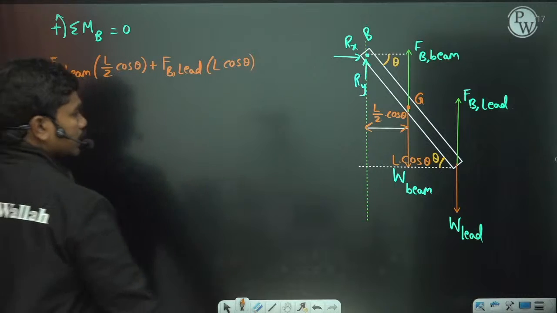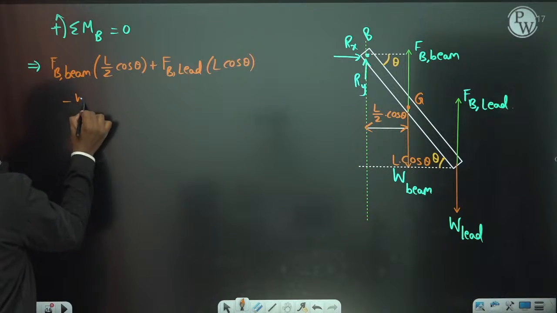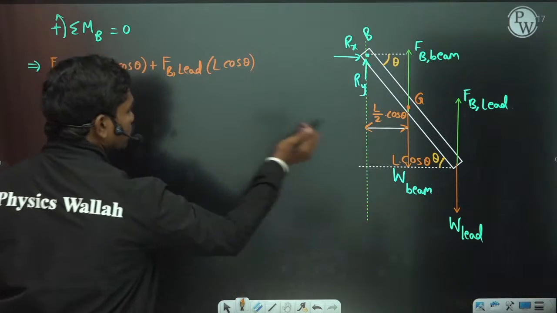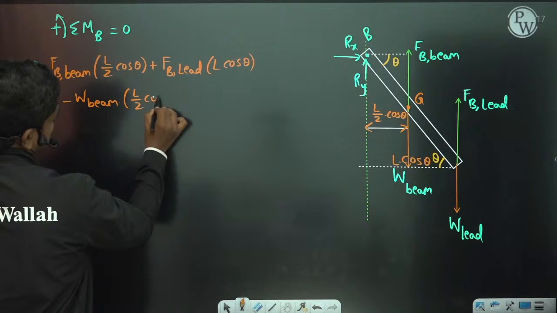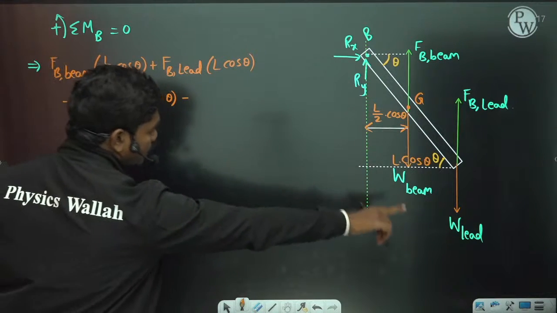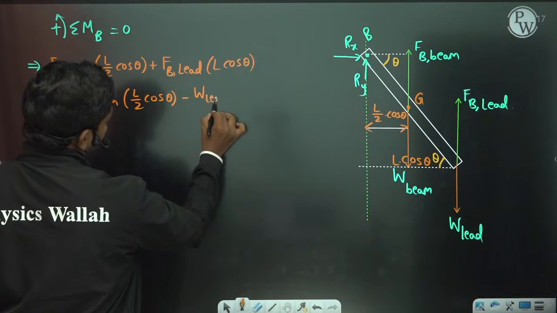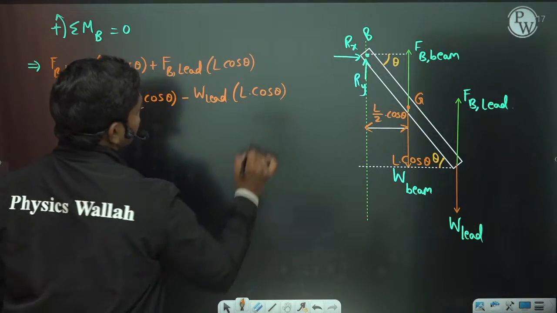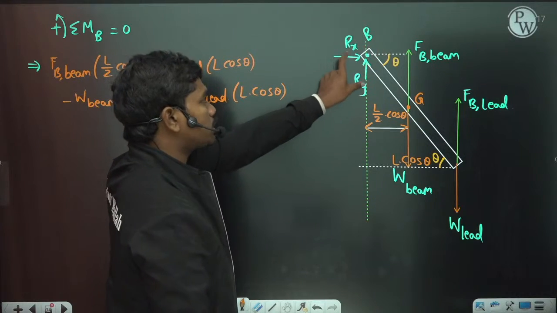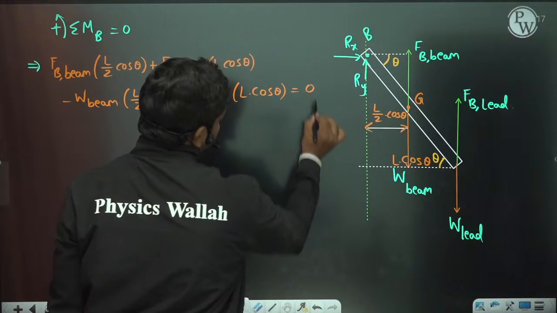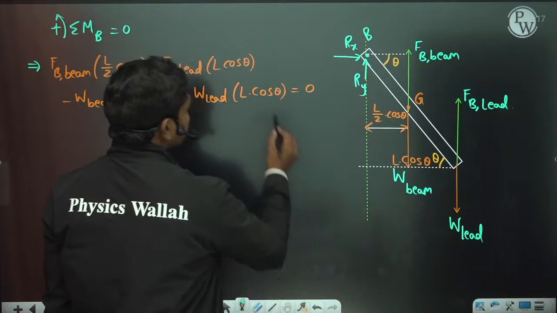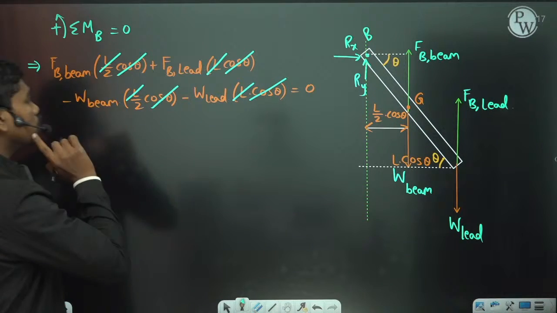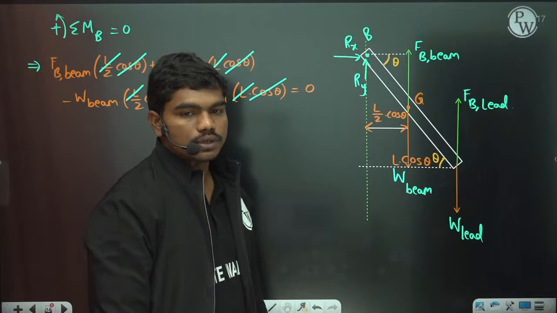Next, clockwise: minus weight of the beam times L by 2 cos theta, minus weight of the lead into L cos theta. The moments due to the two reaction forces are 0 because they pass through the point. So this total expression is 0. Now L cos theta is common in every term, so L cos theta gets cancelled.